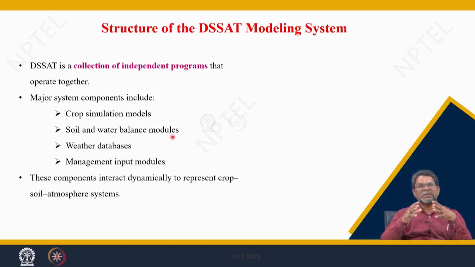So, these management modules are there. These go as input to the crop: soil is an input, weather is an input, management is an input, and then you can simulate the crop performance in this model. So, these components interact dynamically to represent the crop, soil and atmospheric system.